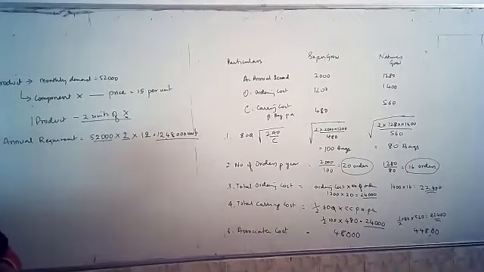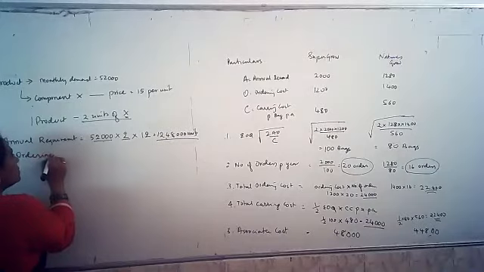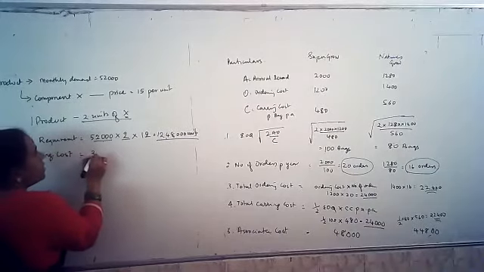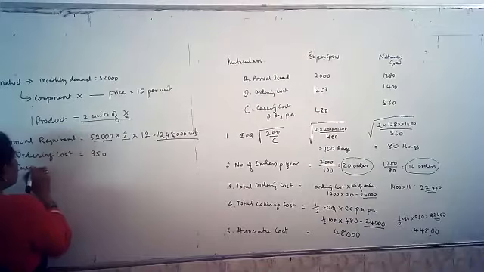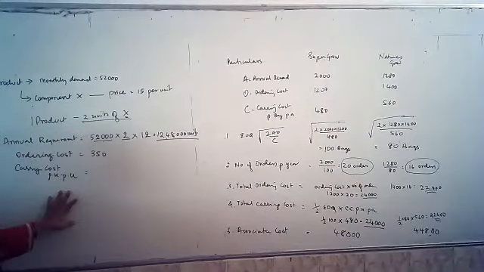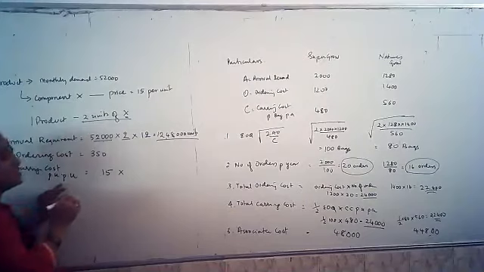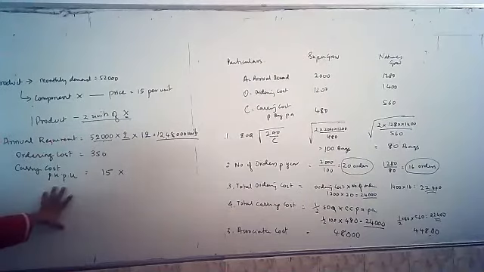What about the next component of EOQ? They have already given the ordering cost: it is 350 rupees. Carrying cost per unit per annum is 15 rupees multiplied by the percentage of carrying cost, which they have already given: 12%.